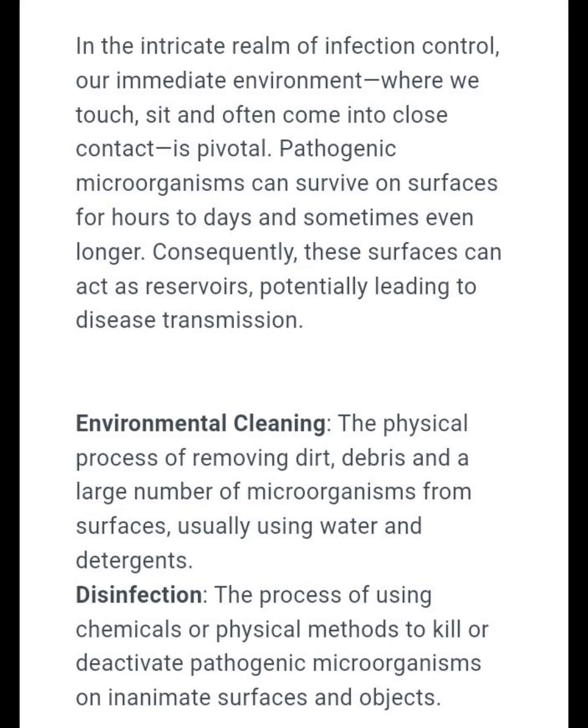In the intricate realm of infection control, our immediate environment, where we touch, sit, and often come in contact, is pivotal. Pathogenic microorganisms can survive on surfaces for hours to days and sometimes even longer. Consequently, these surfaces can act as reservoirs, potentially leading to disease transmission. Environmental cleaning.